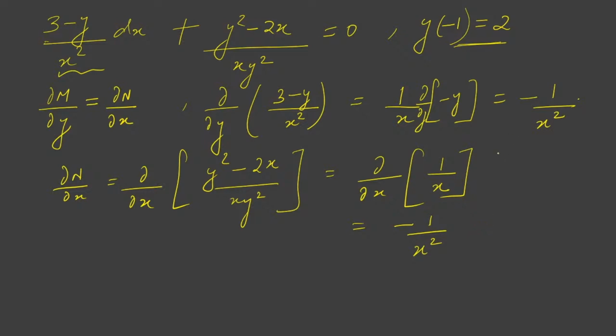So these two equations are equal. So the above equation can be said to be an exact equation. Now to find out the solution of this equation, let us integrate M of xy dx, treating y as constant. Right?